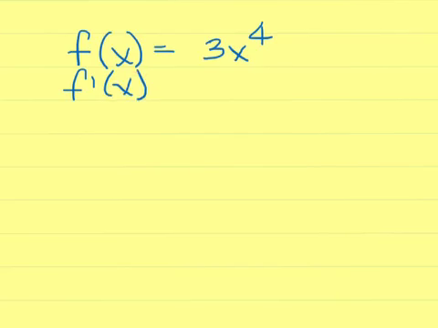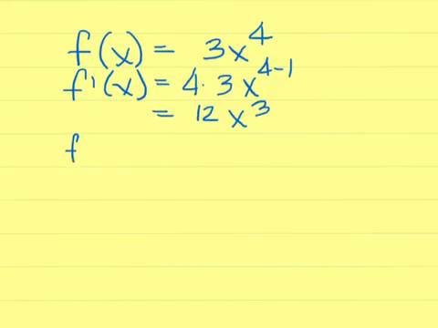Next up, we want to find the second derivative of f of x equals 3x to the 4th power. In order to find the second derivative, you must find the first one. The first derivative will be 4 times 3, x to the 4 minus 1 power, which is 12x to the third.